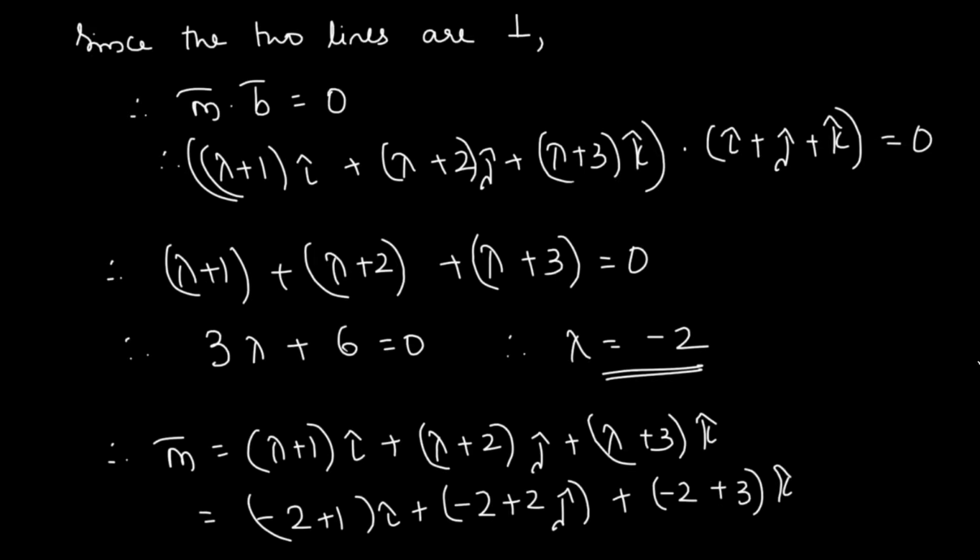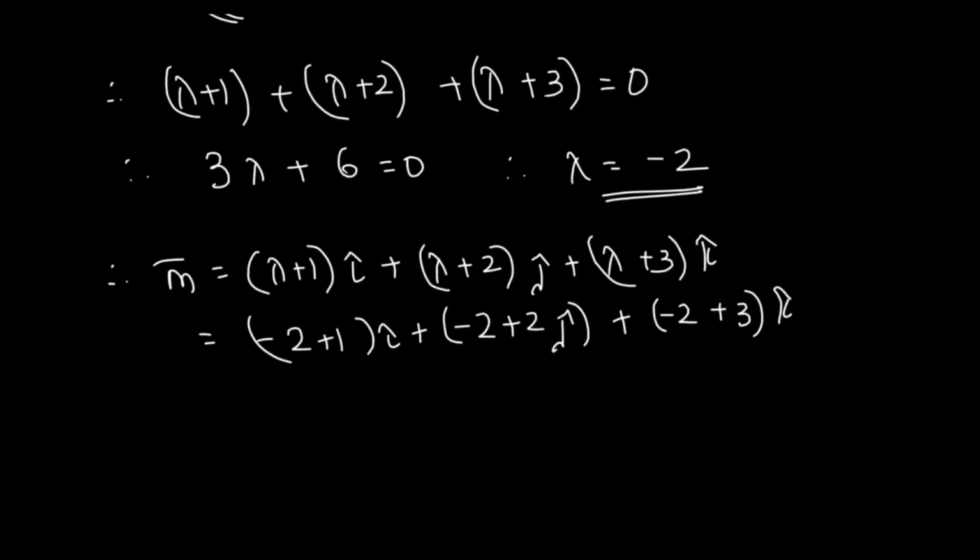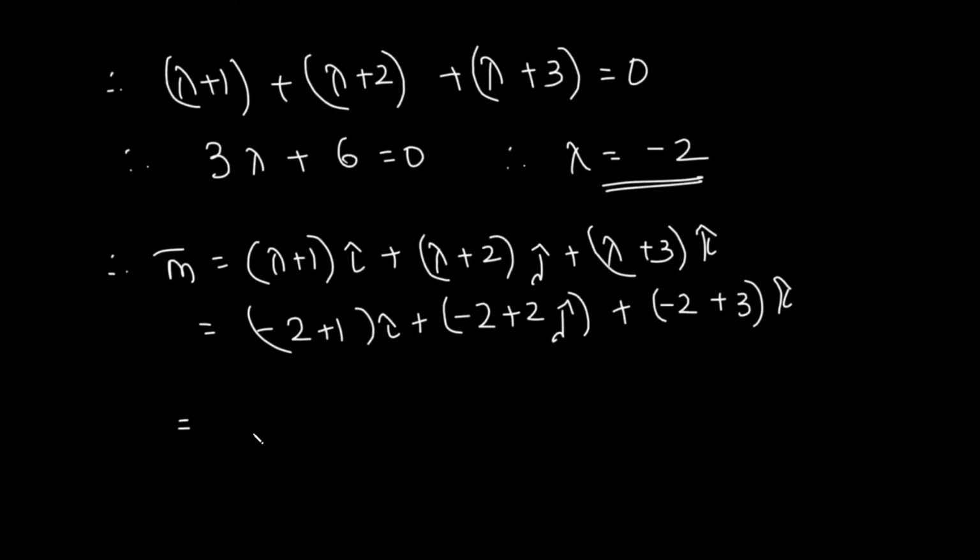Solving it further, we get minus i, minus 2 plus 2 is 0, so the j term goes away. So minus i plus k. So these are the coordinates of M bar.